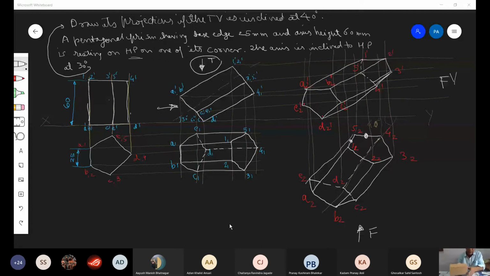Okay, now in the third stage, what we have done in the third stage, this was the second stage. Third stage, notice top view is inclined, it is inclined like this. So either it can be inclined towards the VP or away from the VP. Let me show it to you on the screen here.